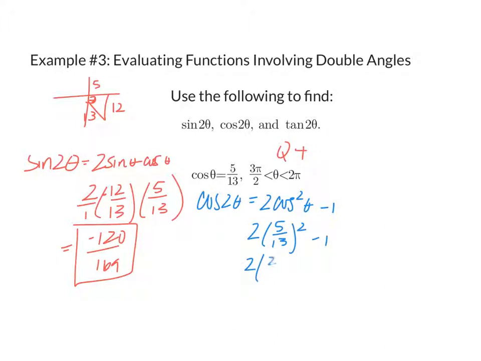So this is 2 times 25 over 169 minus 1. From there, multiply the tops. 2 over 1 times 25 over 169 gives me 50 over 169. Minus 1, giving it a common denominator, so that's 169 over 169. And as the final answer, you'll get negative 119 over 169.